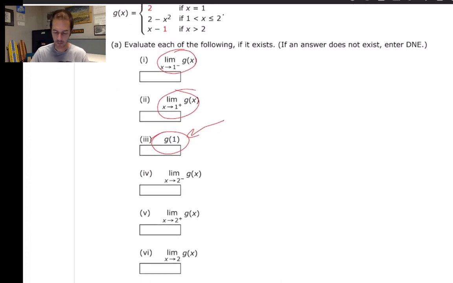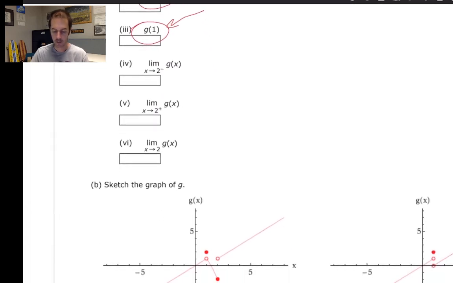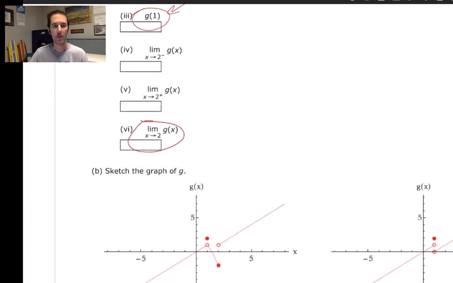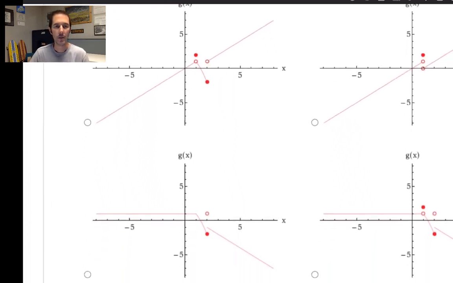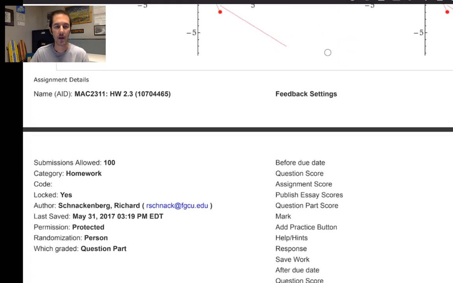And the same thing is happening for the next three parts. From the left, from the right, and the limit. Now this one is a limit statement. All right. In order for a limit to exist, the limit from the left must equal the limit from the right. And that's it.